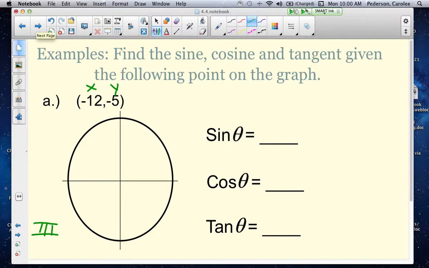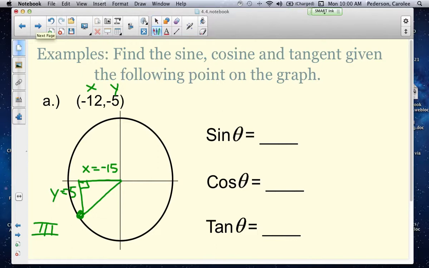So I'm going to go in a -12 direction. This will be my x value, -12. And I'm going to go down 5. Let us draw it right here. And then I have a radius that is unknown.